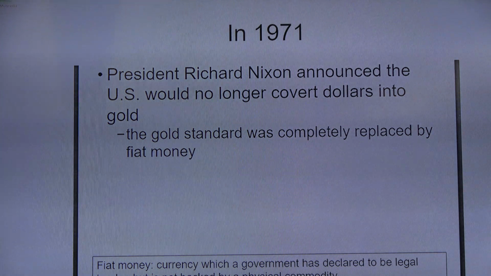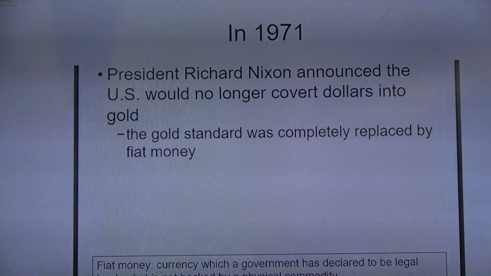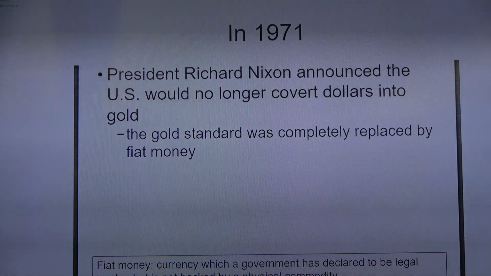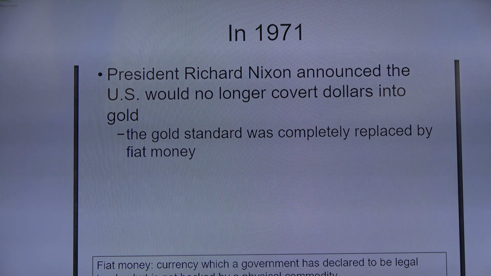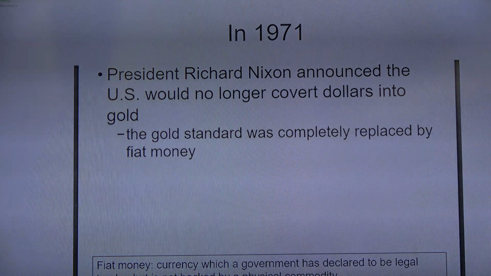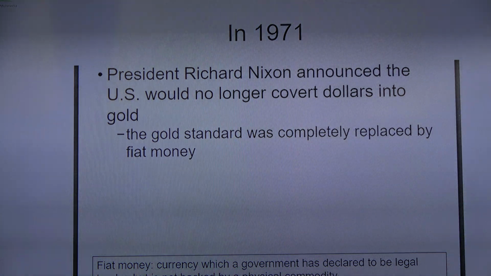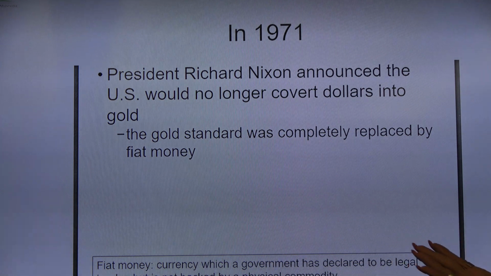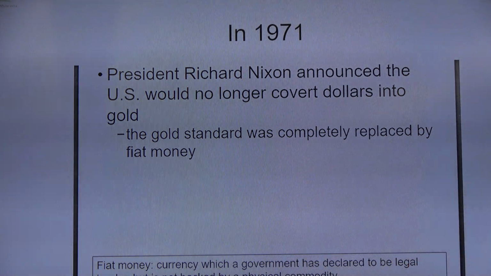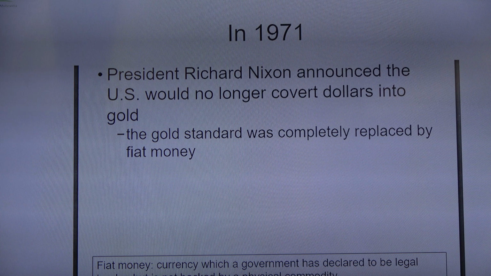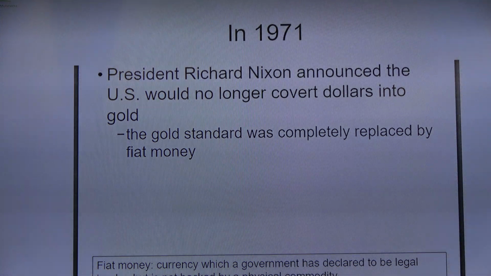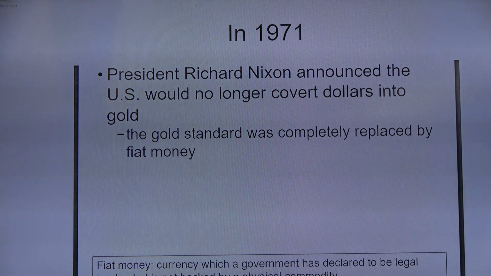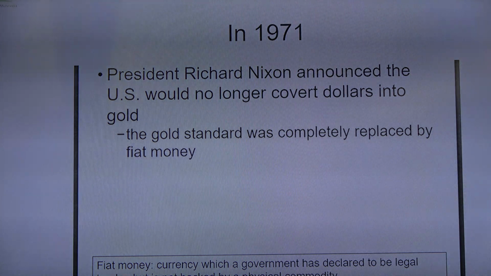So the dollar bill is just a dollar bill, and it's considered legal tender. But it's not backed by anything that is a commodity like gold. Gold is a commodity. And so before the gold standard was replaced by fiat money, money was backed by gold. No longer. So fiat money just means that it's currency that's not backed by any kind of commodity.